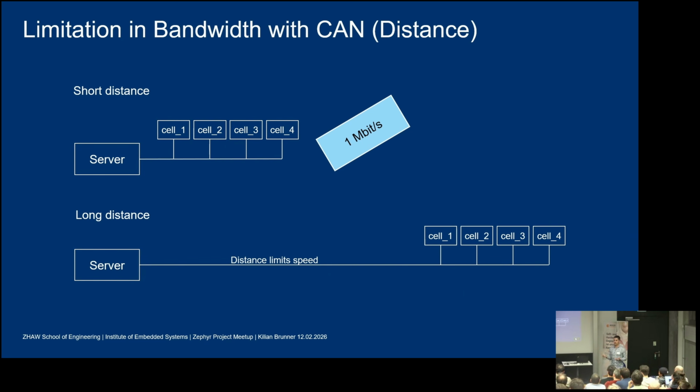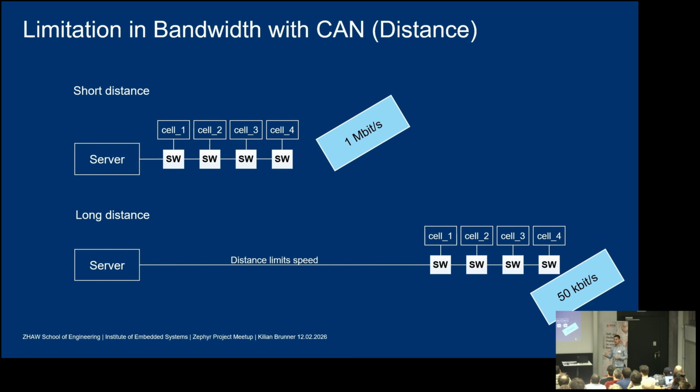If you have now a bigger system, maybe 500 meters, 1000 meters distance, then your bandwidth is much lower, maybe 50 kilobit. So when we have the idea now of 10BASE-T1L, we just place some Ethernet switches, build a small daisy chain, and we have 10 megabit on a small system and also 10 megabit on a big system. I think this is very nice because you don't have to distinguish between small systems and big systems. You just have Ethernet and always the same performance.